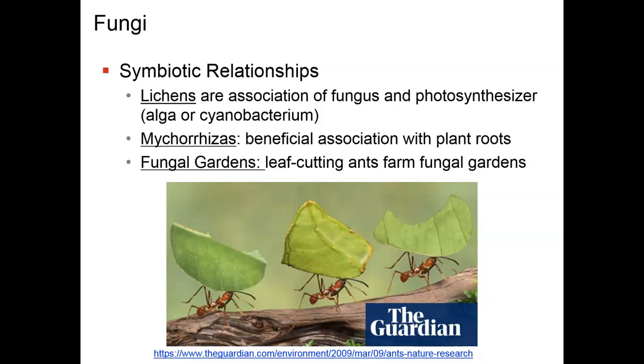So this is forming a fungal garden, right? And then the material that is produced from the fungus eating the leaves is taken in and utilized by the ant larva. So it's really cool.